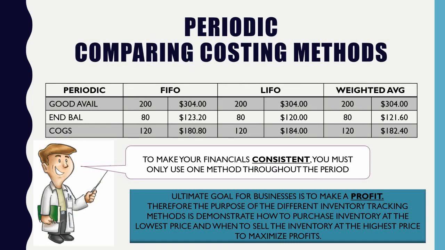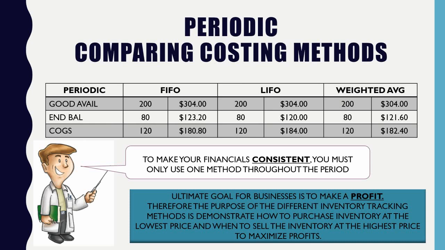Okay, so let's compare the three methods that we learned. FIFO, this is the result. When we did FIFO, we had 200 units that we purchased and 80 units remaining, and we sold 120 units.